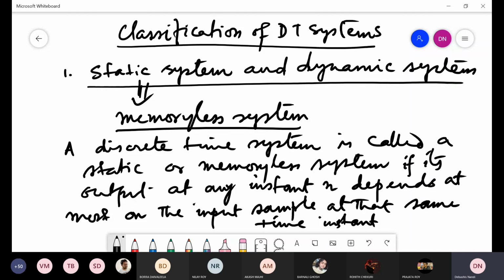So in the case of a static system, the output at a particular time instant n depends on the input applied at that particular time instant.